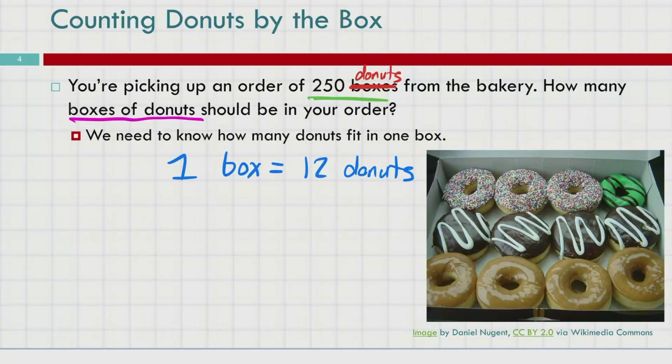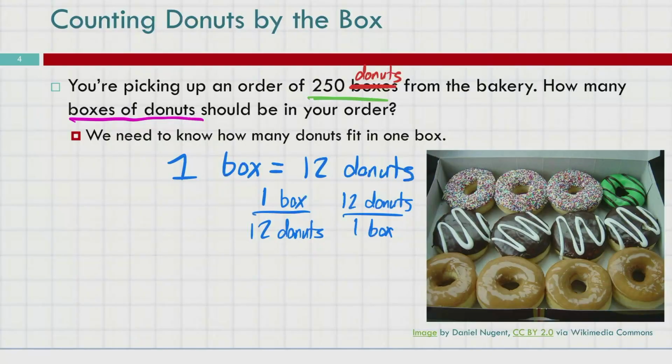So if we're picking up 250 donuts, how many boxes do we expect? Well, this one box equals 12 donuts is a conversion factor. We can have either one box over 12 donuts, or we can have 12 donuts divided by one box. Those are our 2 possible options for this as a conversion factor.